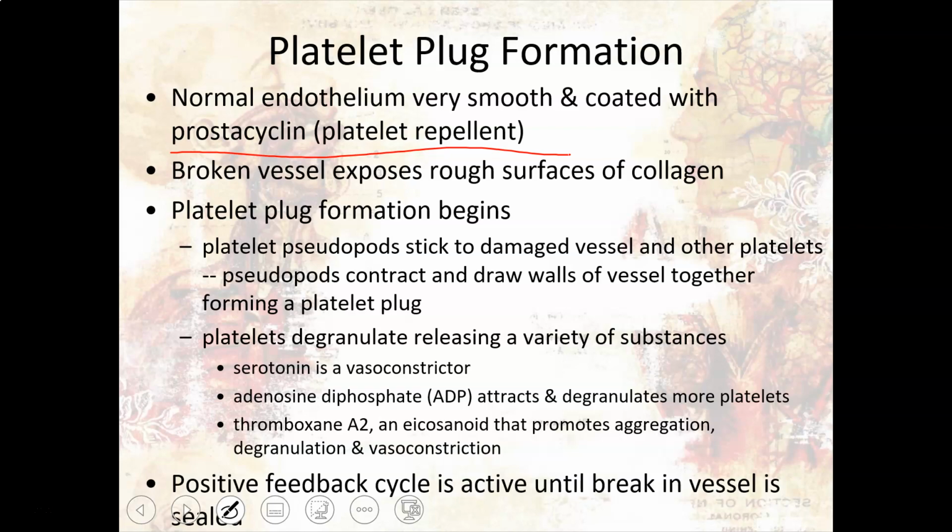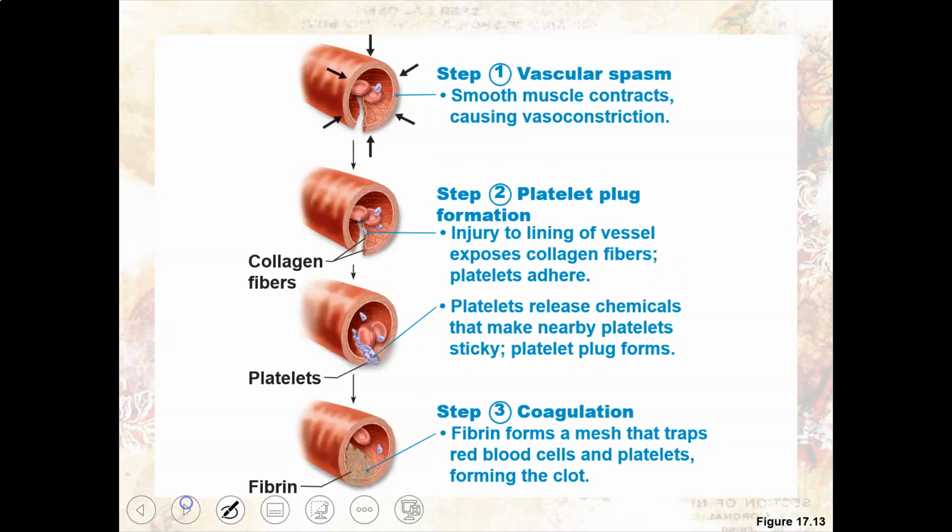We also release thromboxane, another icosanoid, which promotes those platelets to clump together and causes more vasoconstriction. Again, this is a positive feedback cycle. So there's our platelet plug, recruiting more platelets. And finally, our last step is the formation of the proper blood clot, coagulation.